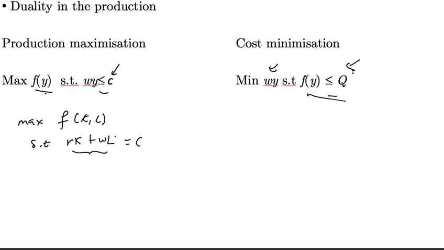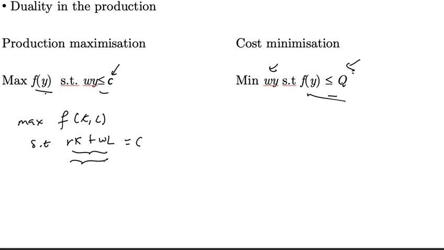So what we see is the maximum production given by the two factors of production, capital K and labor L, subject to the budgetary constraint, which is equal to the sum of expenditure on capital and on labor.